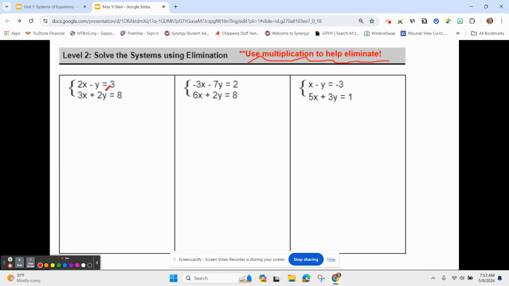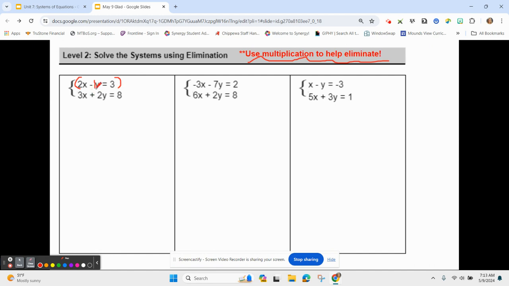But if I look at the y's, one thing that I like about the y's is I've got a -1y and a positive 2y. So what I can do is make the y's cancel pretty easily by turning this -1y into a -2y, because a positive 2y and a -2y will cancel. So I am going to choose this top equation.